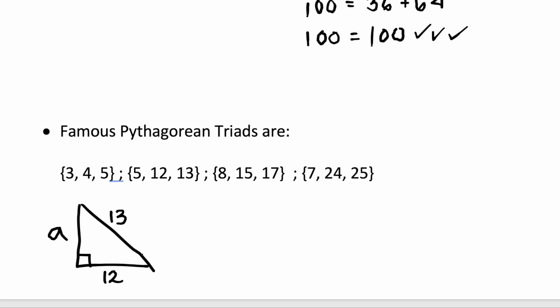You don't have to do any calculations, because if you already know your Pythagorean triads, you'll say, okay, A is equal to 5, because you already know that this triad follows the Pythagorean theorem.